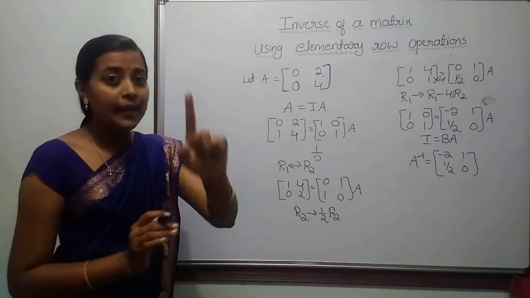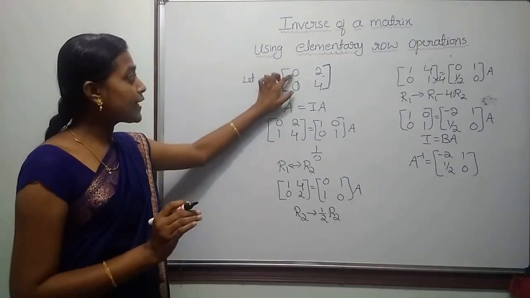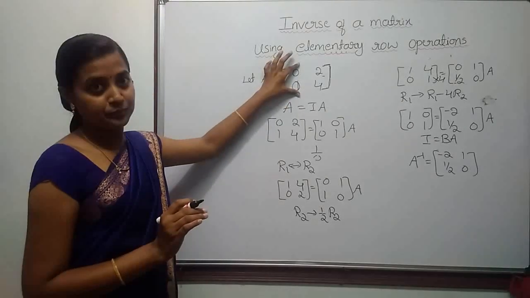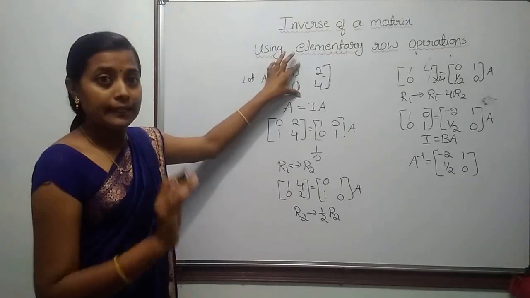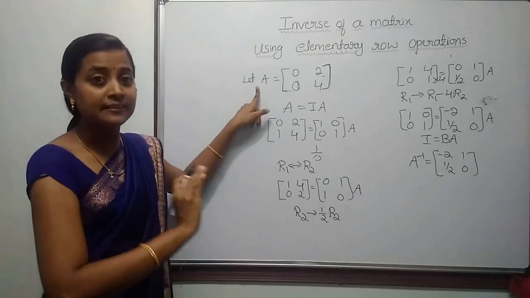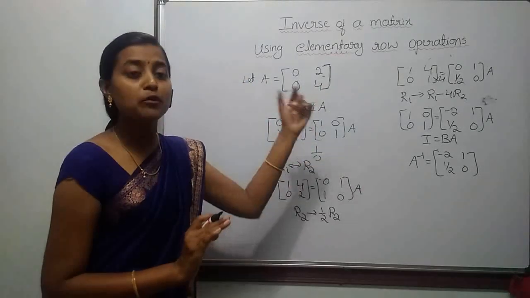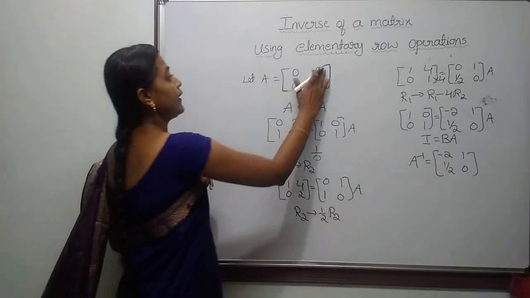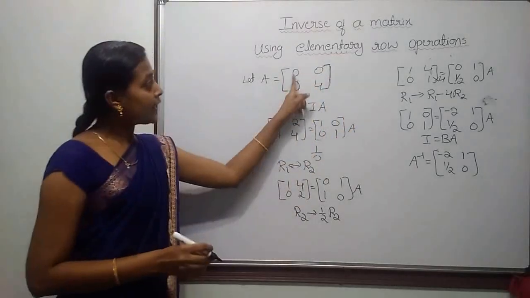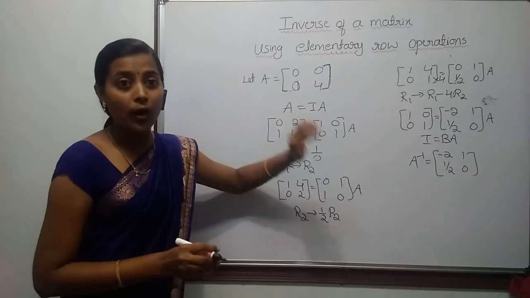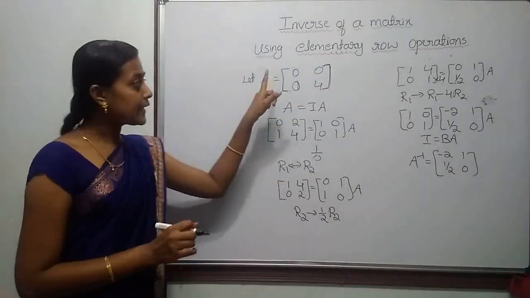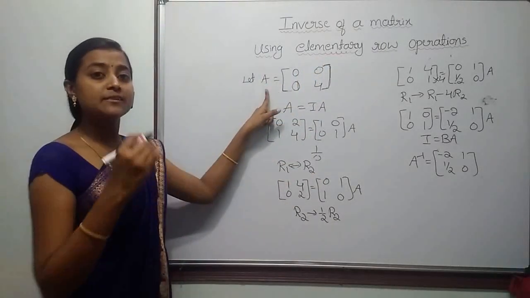So note that if all elements of any column are 0, then the inverse of the matrix does not exist. The same will be applied for the row also. If all elements of any row are 0, then the inverse of the matrix does not exist.